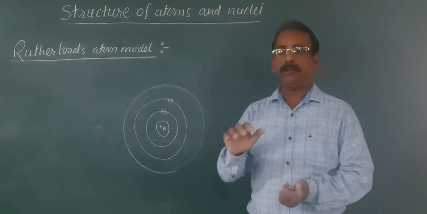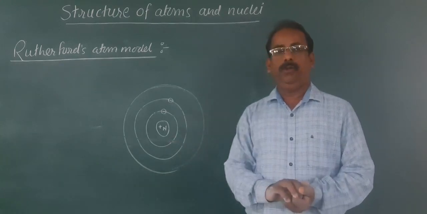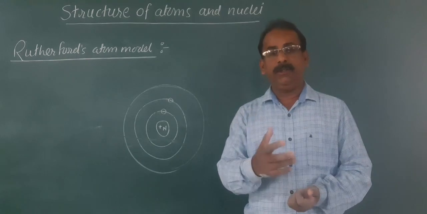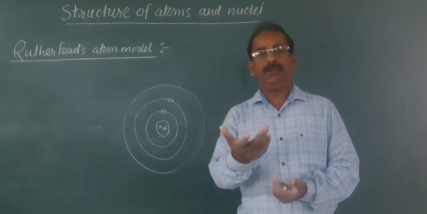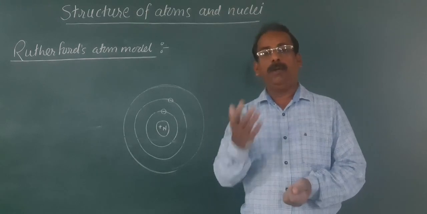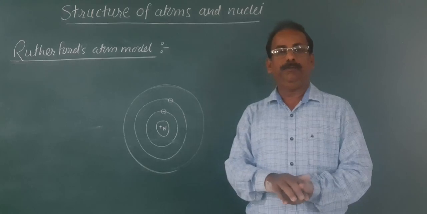Alpha particles are positively charged, and the nucleus is also positively charged. Therefore, there is a repulsion here, and hence alpha particles get scattered through angles greater than 90 degrees.